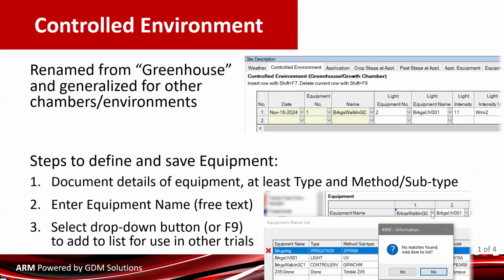All the details, what is the type of chamber, what you can put in the trade name, who makes it, what is the model number, all these different details, whatever would matter to document about that piece of equipment.